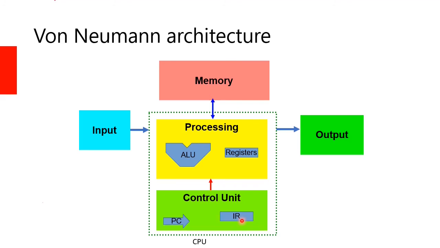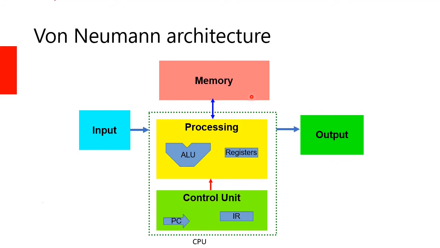The main feature of the von Neumann architecture is that you have one single memory to store both data and your code, program or instructions. Data, in terms of a program, are the variables.